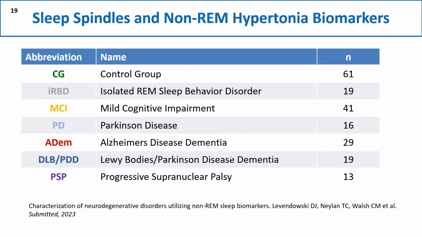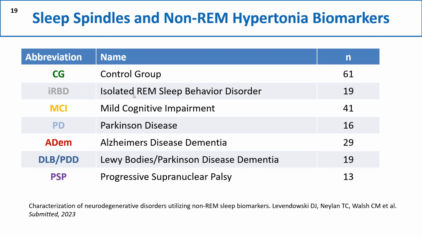Now I'm going to explain how we use these different biomarkers to characterize neurodegenerative disorder groupings. Just as a reminder, regarding nomenclature, CG is our control group. We typically mark them in green.